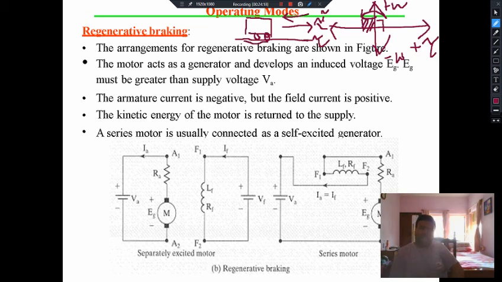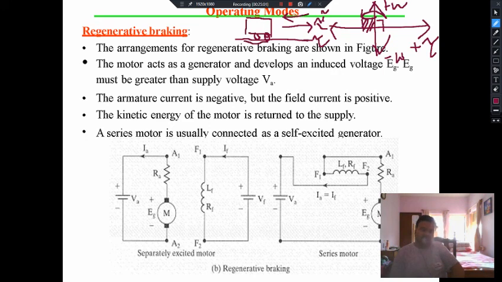So that's why this braking process is titled regenerative braking. This is known as regenerative braking. And remember, this regenerative braking is a groundbreaking revolution in the electric drives industry because it is saving power from getting wasted, and it is reducing the cost of operation of an electric drive, which is very, very important.